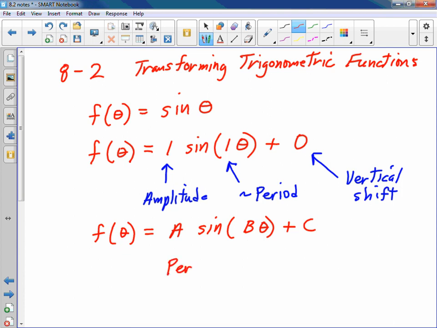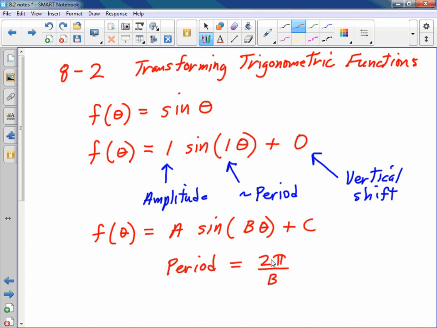The period, as you saw in your book, is defined as 2 pi, which is a normal period, divided by B. So in our example up here, B is just 1, so it would not show. And for this, sine theta, the period, of course, is 2 pi. That occurs when B equals 1.